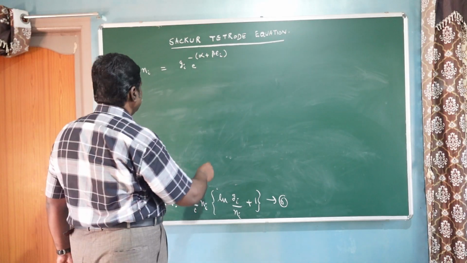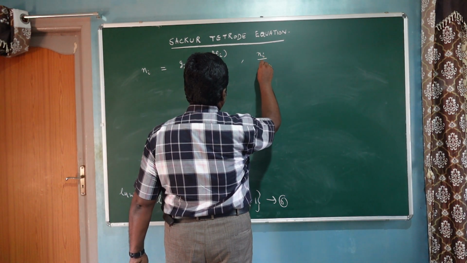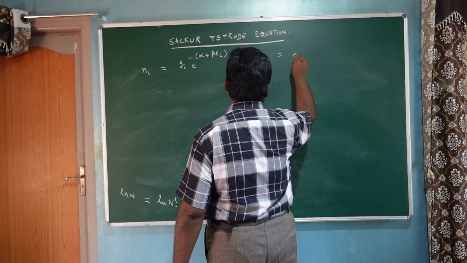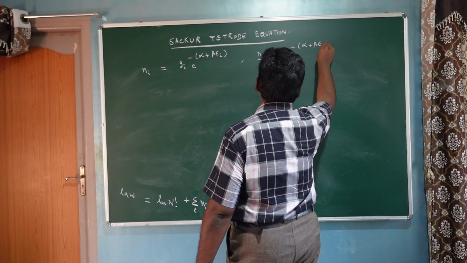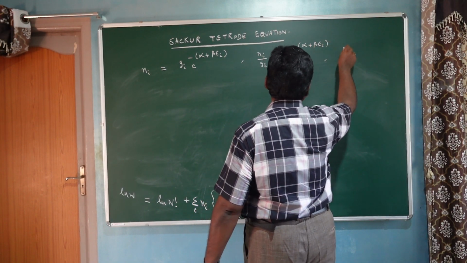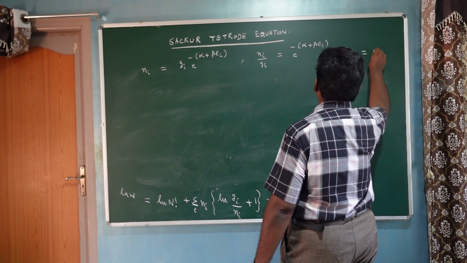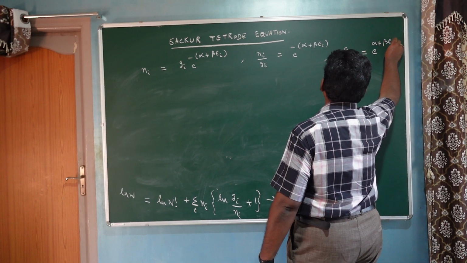From this, Ni by Gi equal to e power minus (alpha plus beta Ei). Then Gi by Ni equal to e power (alpha plus beta Ei).